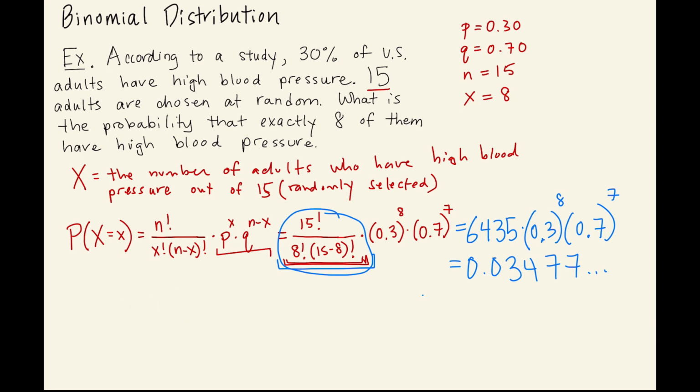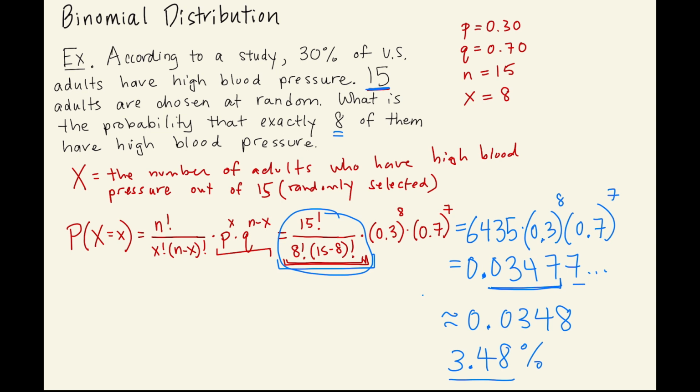I'm going to round this to, let's say, 4 decimal places. So this is approximately 0.0348, or about 3.48%. So there's about a 3.48% chance that exactly 8 of the 15 randomly selected individuals would have high blood pressure.